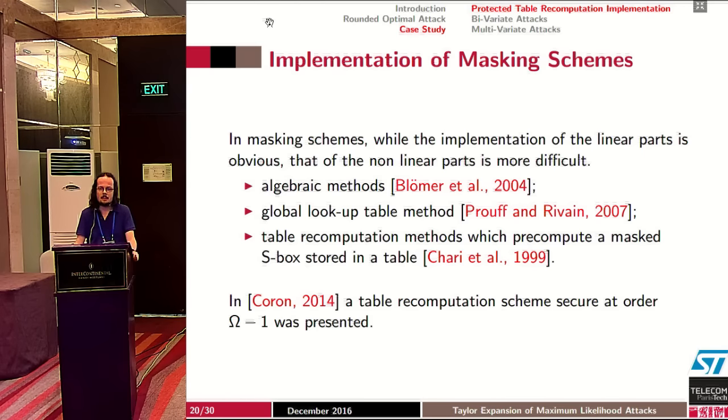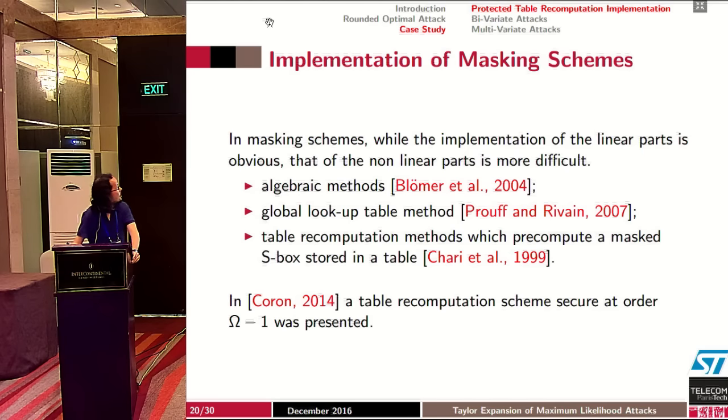They mainly differ by the way the non-linear parts are implemented. Indeed, the implementation of linear parts is quite obvious, but the implementation of non-linear ones is more difficult. So we can cite the algebraic method, which exploits the algebraic representation of the non-linear part. We can also cite the global lookup table method, in which all the values for all the possible masks are stored in a global lookup table.